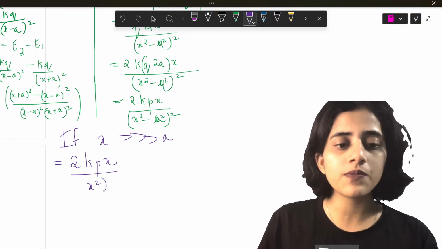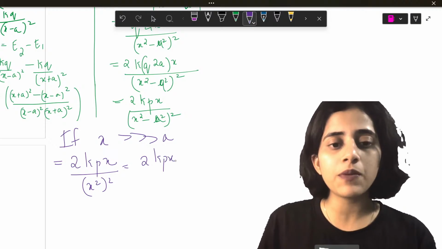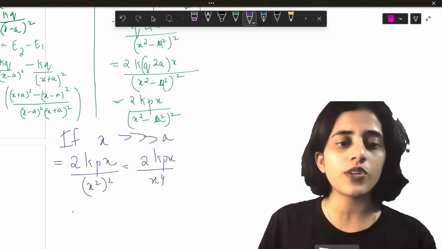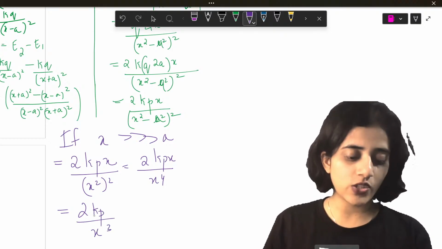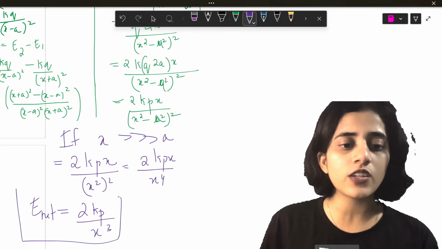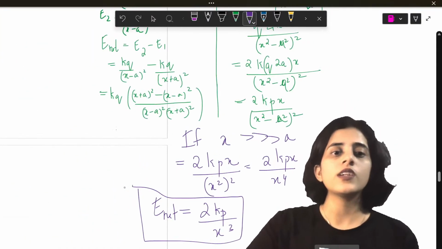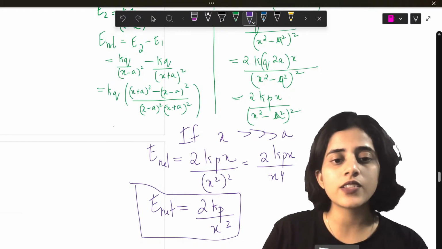So this will be 2kpx divided by x raised to 4. This is 2kp by x cube. So E net, the net electric field, is going to be equal to 2kp by x cube.